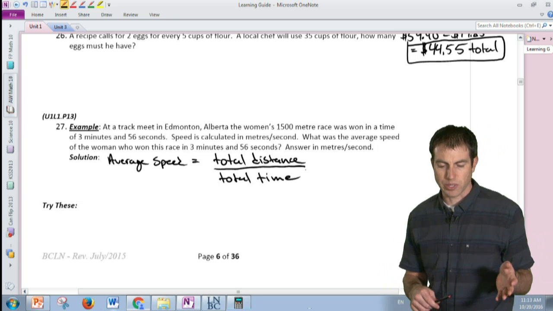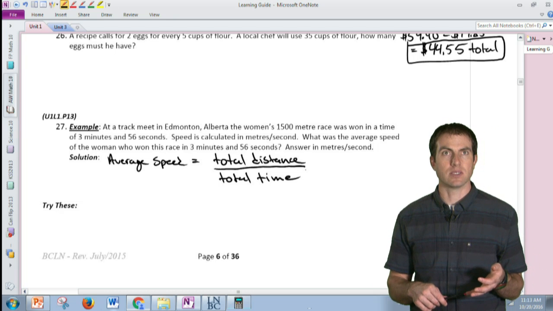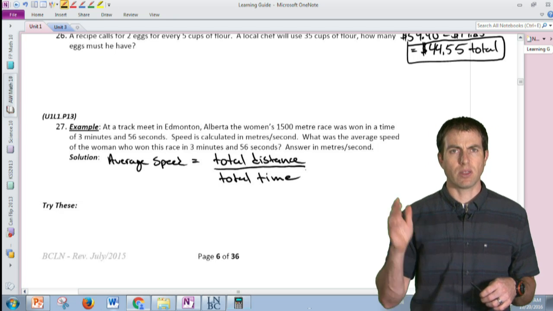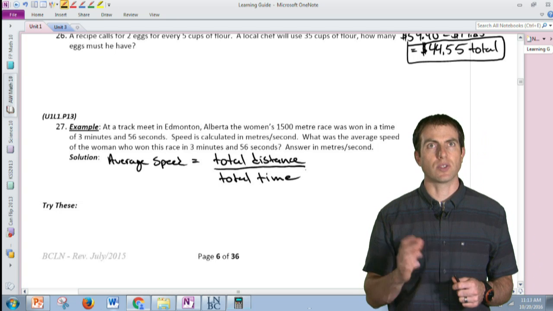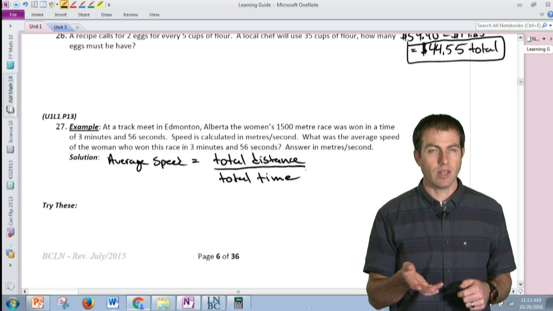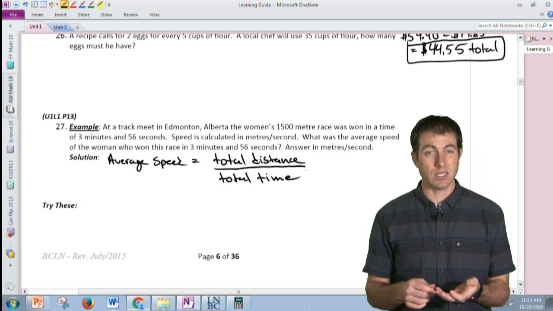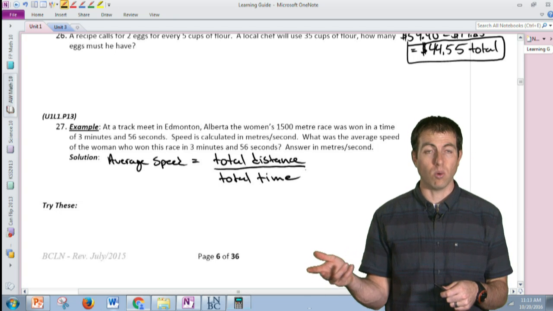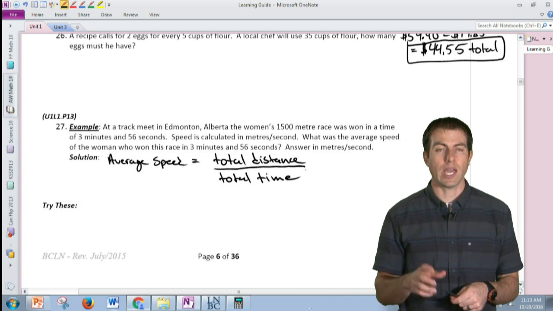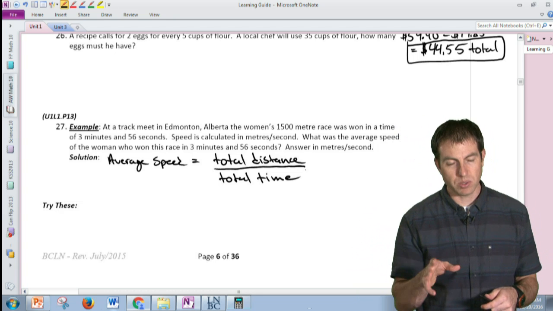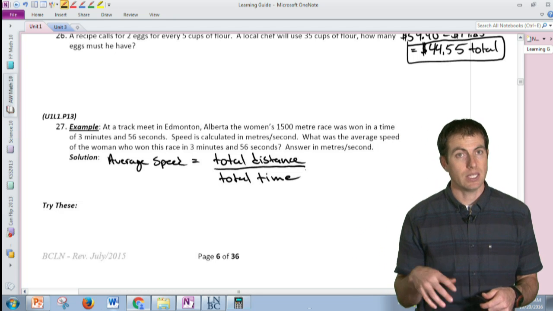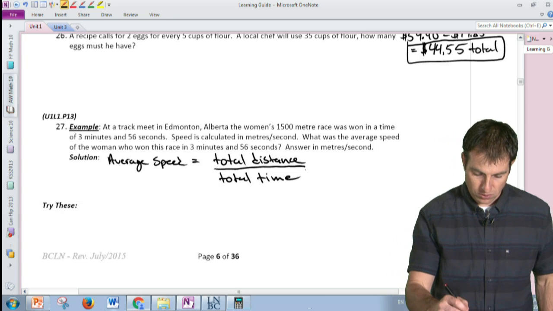So we can't just write 3.56, because if I said 3.5 minutes, you'd think, okay, that's 3 minutes and 30 seconds. But in this case, 3.56 doesn't work because it's 3 minutes and 56 seconds. That 56 is almost a whole other minute. So the first thing we need to do is convert our time into just seconds. So let's do that.